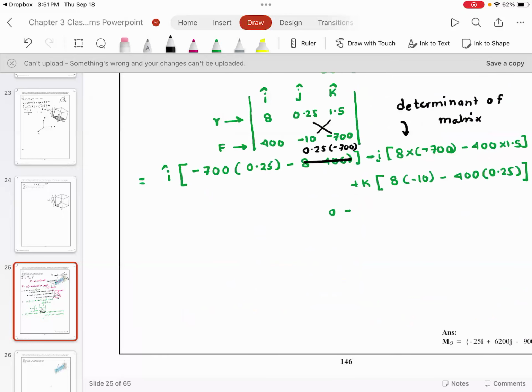And you can remember this procedure. So I'm going to give you this matrix.